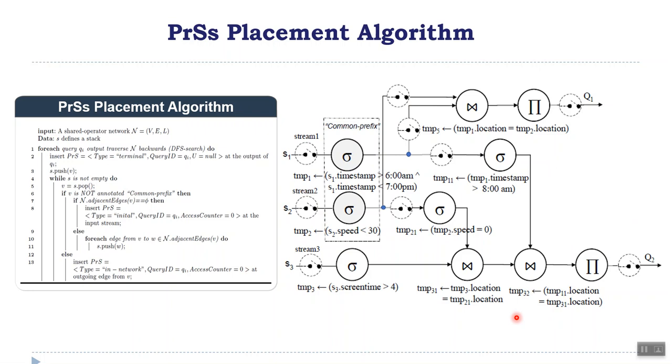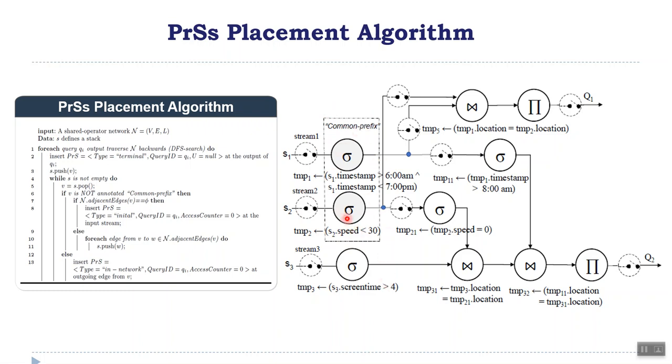The algorithm takes as input a shared operator network defined as a directed acyclic graph, and then it starts by iterating over the network starting from the query outputs. It inserts the terminal switches, and then it backtracks and traces the network backwards until it identifies what we refer to as common prefix operators, and those are the operators that are shared across multiple queries.